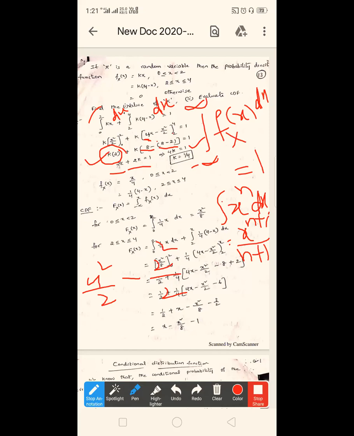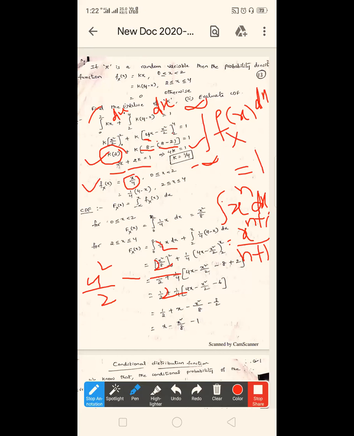What is the definition of the probability density function after substituting the k value? So small f of x is equal to k into x for the first range. The k value is 1 by 4, so 1 by 4 into x, for the range 0 less than or equal to x less than 2.